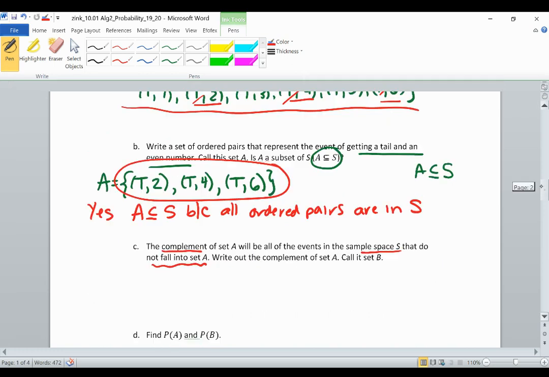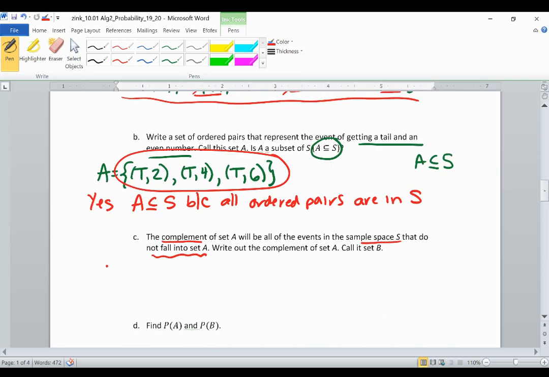And that will be the complement. We're going to call it B. But also know there's some other notations you could see for complement. So B is whatever's not in A. Sometimes we use a little apostrophe here, like an A prime, and that's called the complement of A. And sometimes we use a little C up here to represent complement.